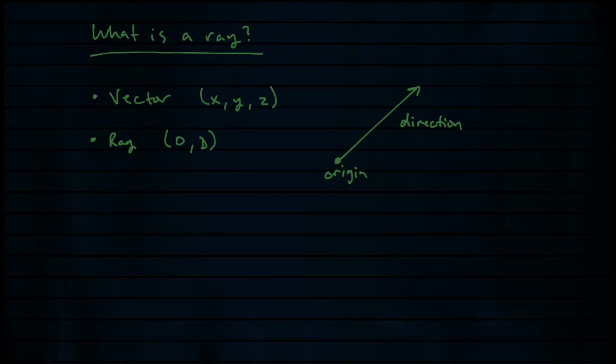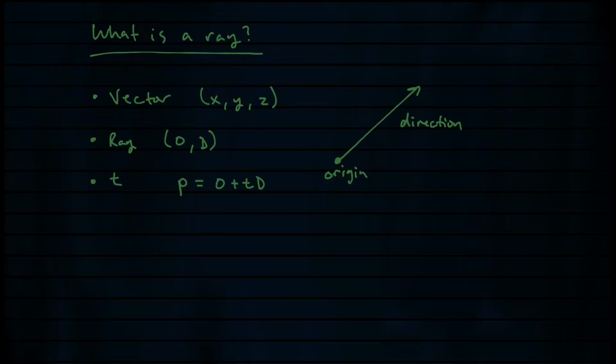Another way to think about a ray is as an equation. For example, we are interested in representing points along a ray. So we might use a variable called t, and we will say that a position, or p, equals the origin plus t times the direction of the ray.